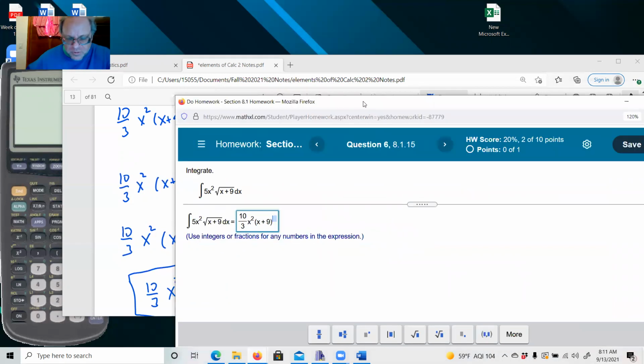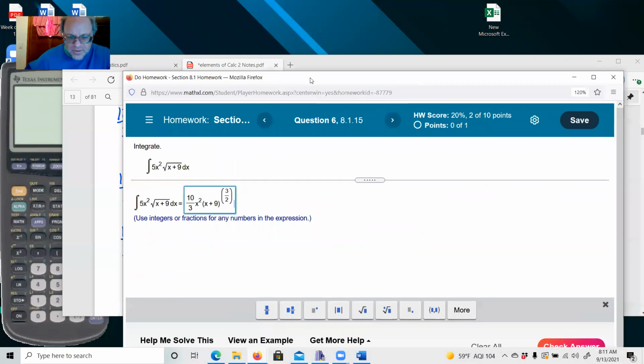Let's use parentheses. And then minus 8/3 times (x plus 9) raised to the, I believe it was 5/2.